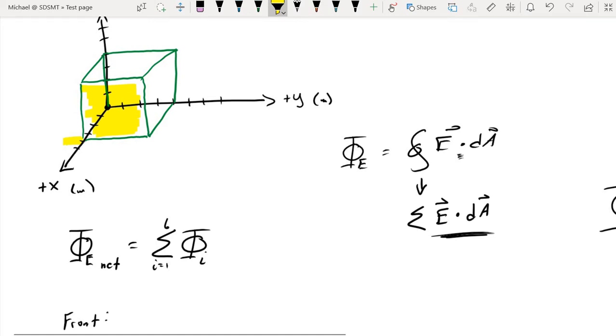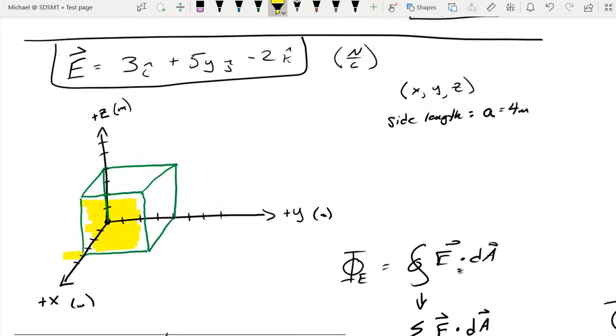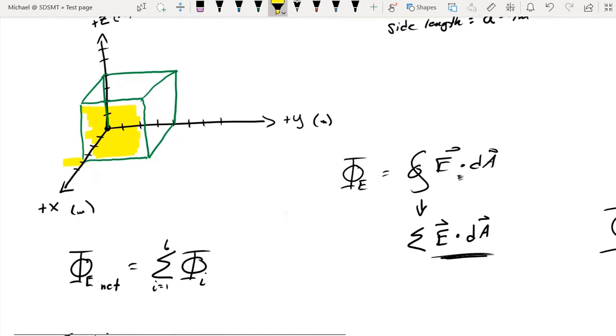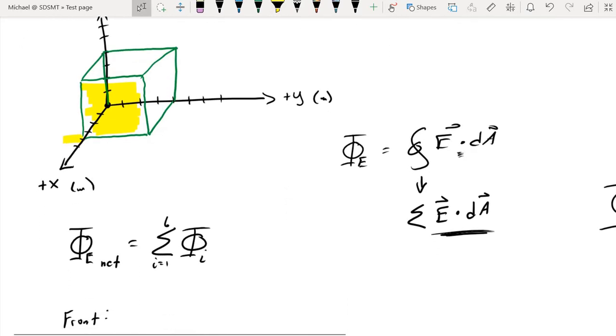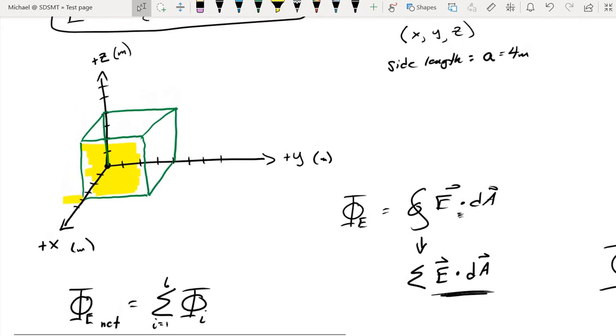And as far as the electric field goes, we have the components of the electric field, but I need to compare that electric field vector with the surface area vector of the front face. Well, that front face, which way is it facing? Well, hence the name, it's facing towards the front.